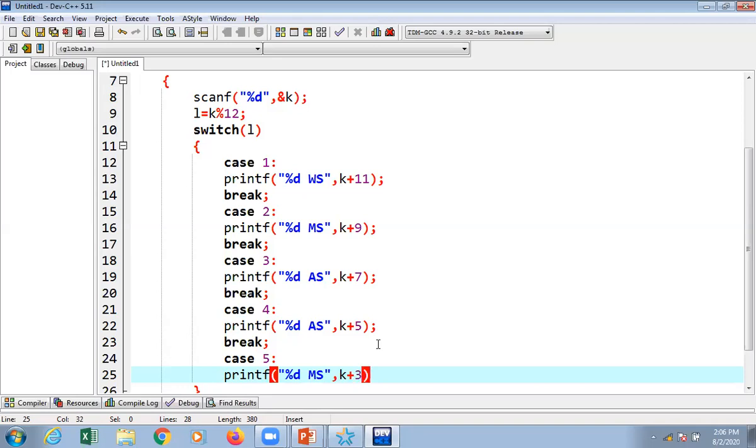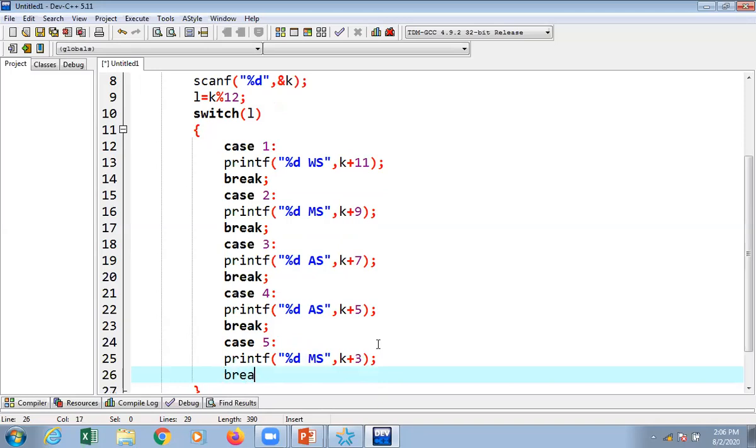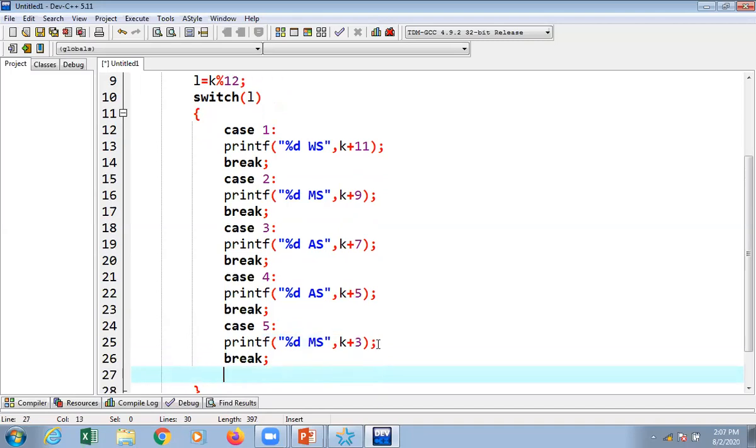So if the seat number is 5, then that will be the middle seat, and opposite will be 8.